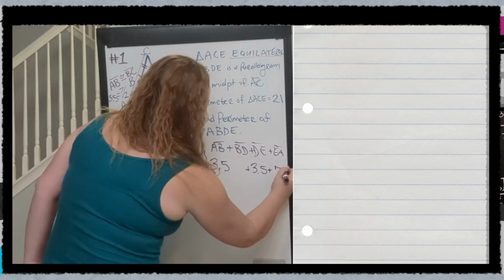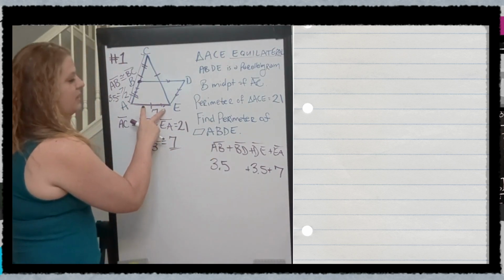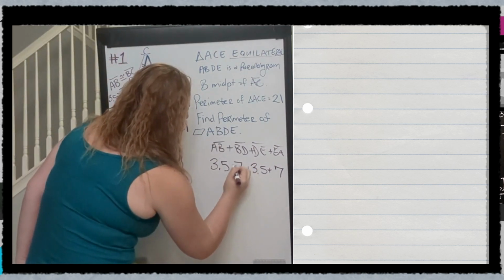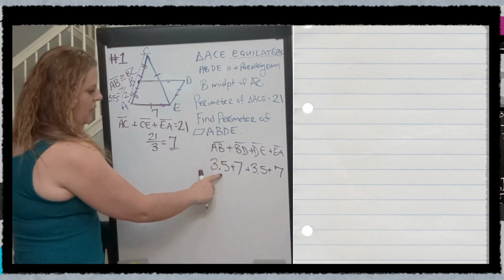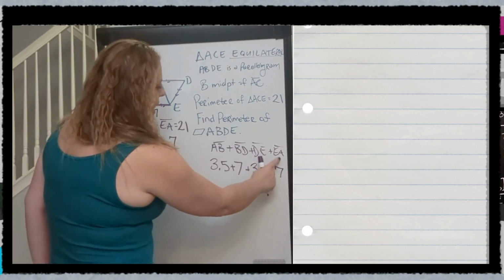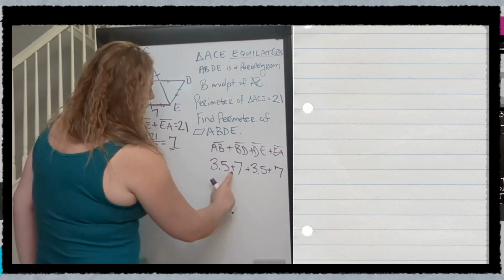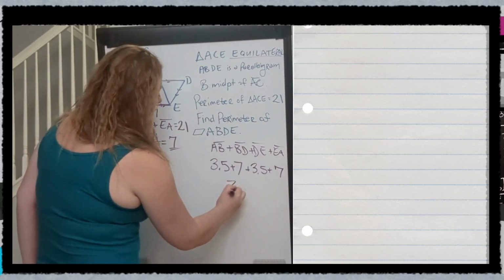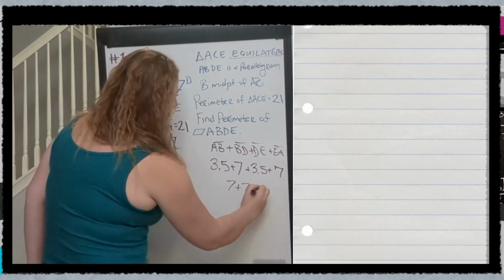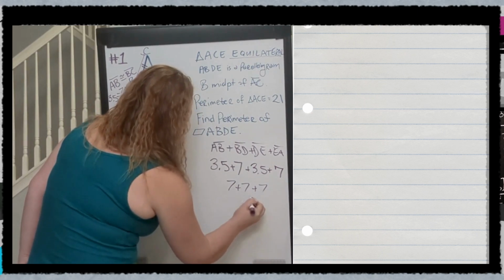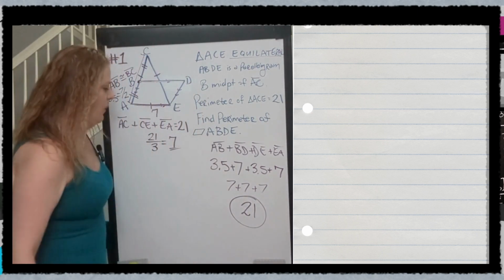So if AE is 7 units, it's a parallelogram, so BD is the same. That's also 7. Okay, so now we can add up all four sides. And that would be 3.5 and 3.5 is 7, plus the 7s that we already had. And we end up with 21.